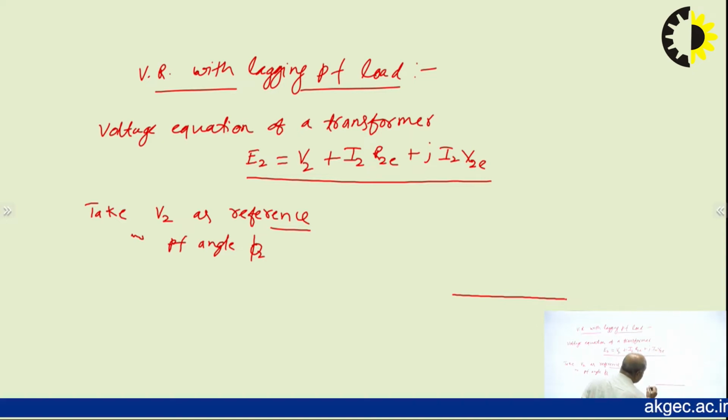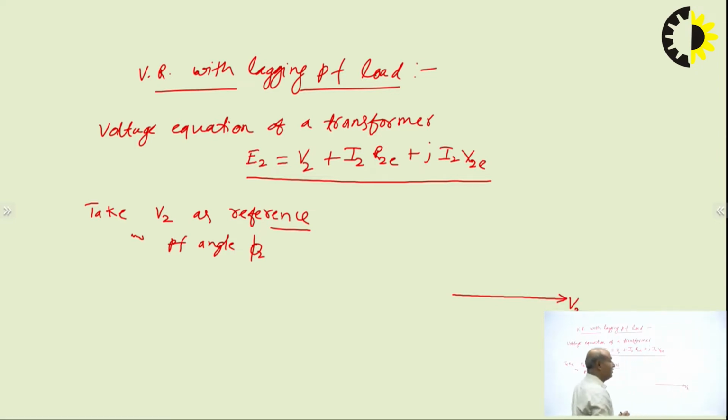This is our secondary load voltage V2. Now I2 will be at an angle of phi 2. Suppose this is I2. This angle is our phi 2. We have drawn I2 at an angle phi 2 because power factor angle is phi 2 and it is lagging power factor.